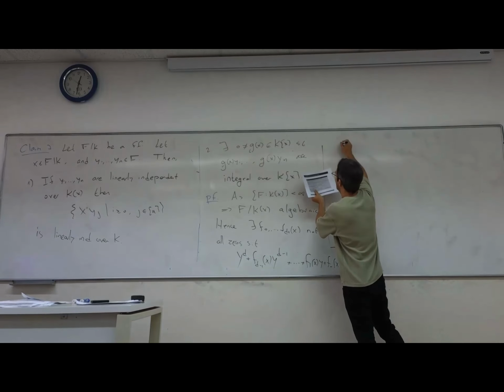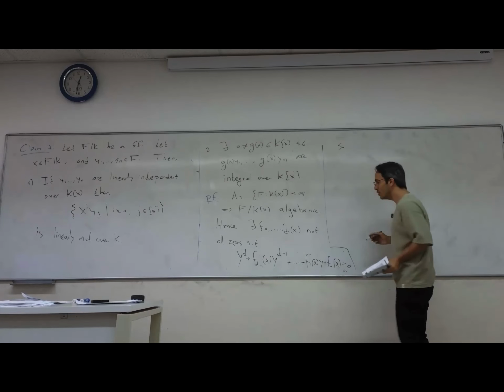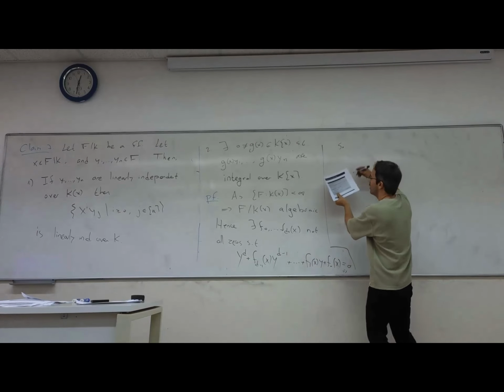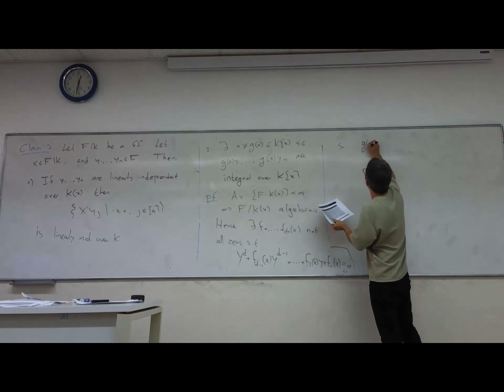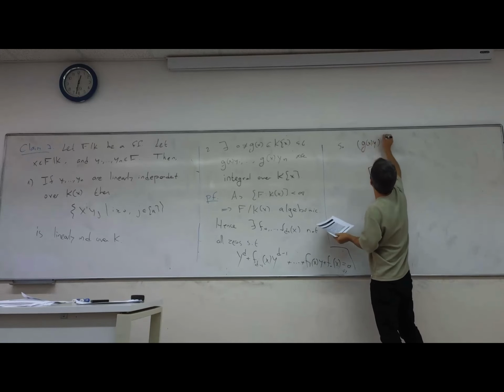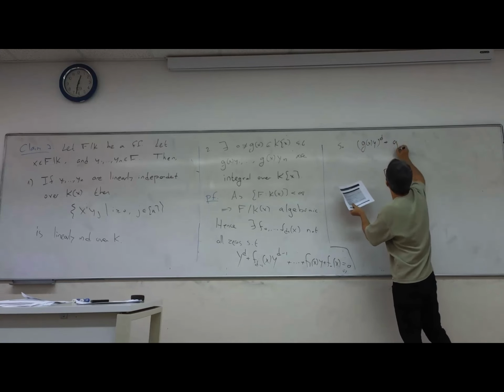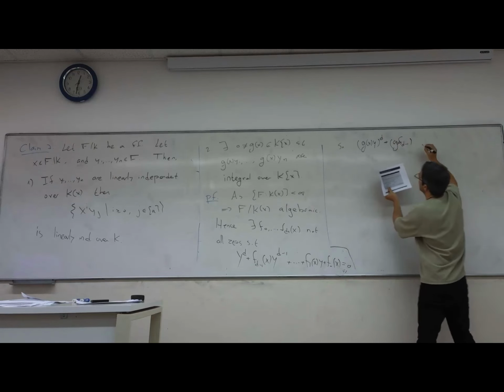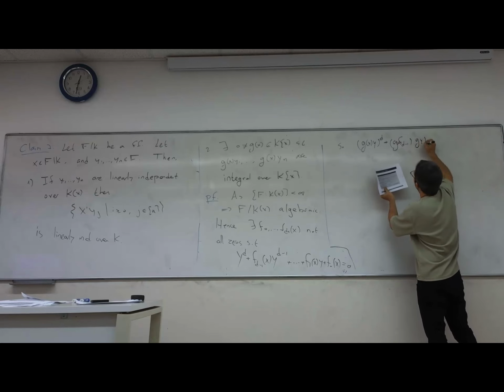So if we do take the product of all the denominators, and call them g, then we get something like this.